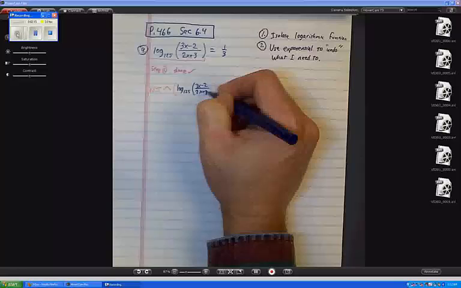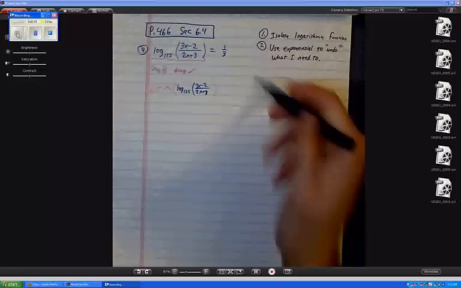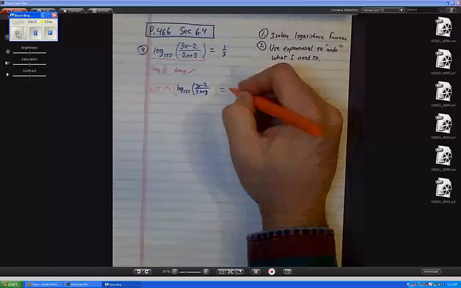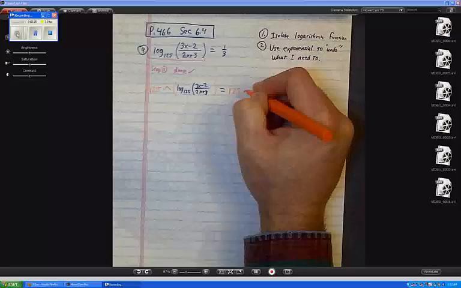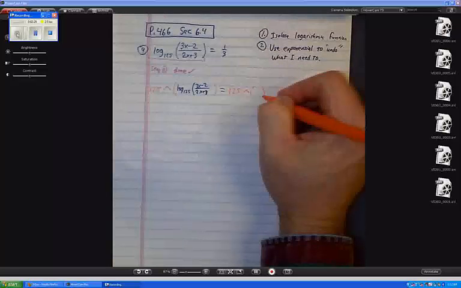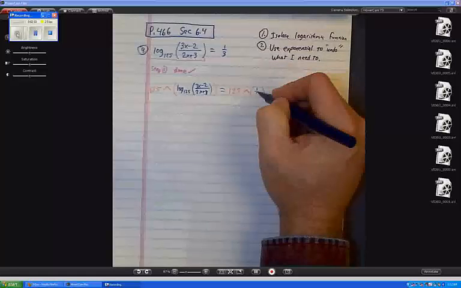And what that's going to do is eliminate the logarithm. Equals, but then I have to do it to the other side. 125 to the what? 1/3. Okay?